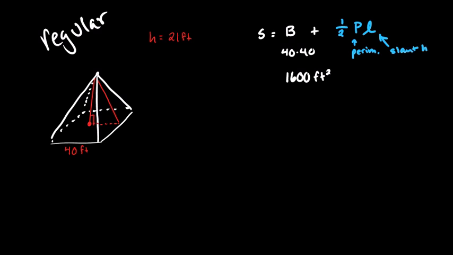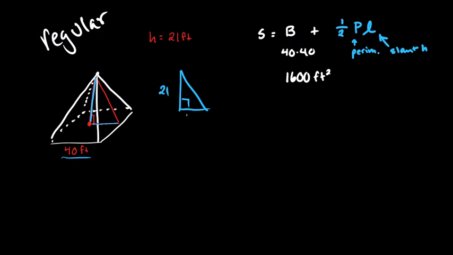So right now the way it is, I have the height of the pyramid, but I do not have the slant height. So if I have the base and the height, I should be able to find, using the Pythagorean theorem, the slant height.